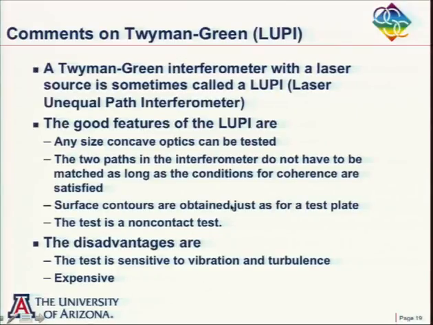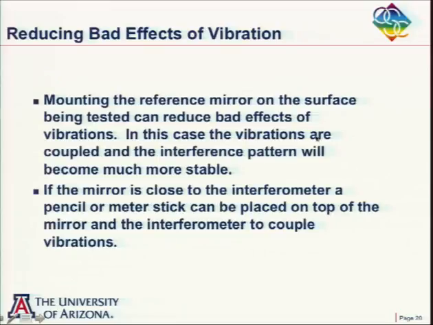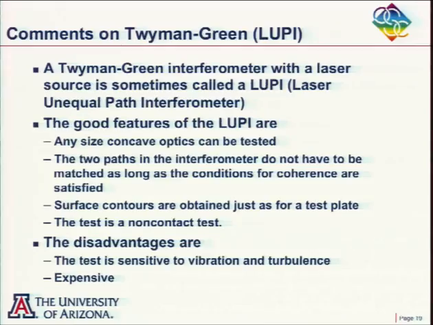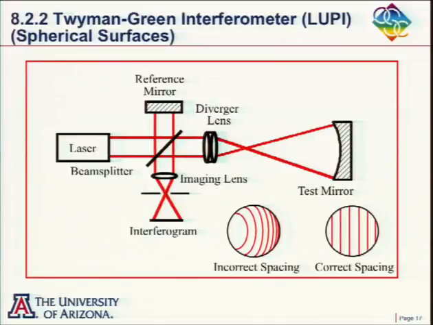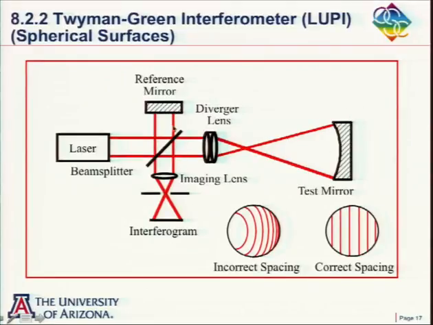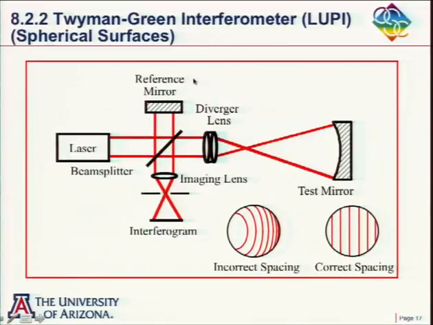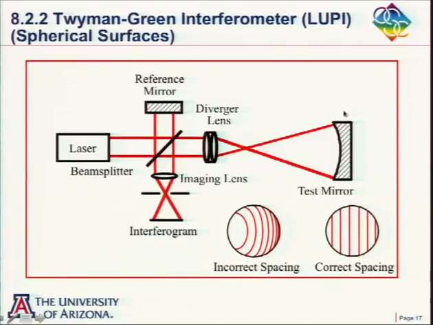So I guess those are the advantages and the disadvantages. And I guess I already have said, no, I didn't say this the first thing. You could mount the reference mirror on the surface being tested. This actually helps a lot too. So what I could do here, so this is what I'm testing. I could put a little fold mirror here, send the light out here, and mount another mirror right here. And so the light would go here, here, and back. And again, I'm kind of coupling.